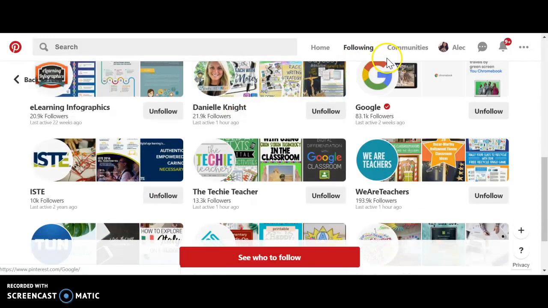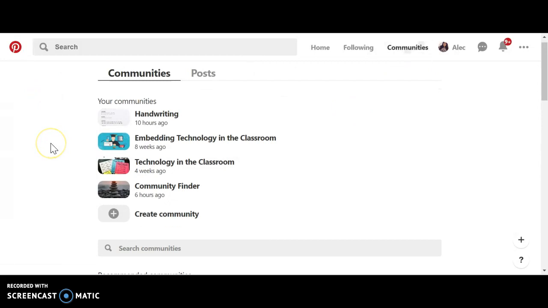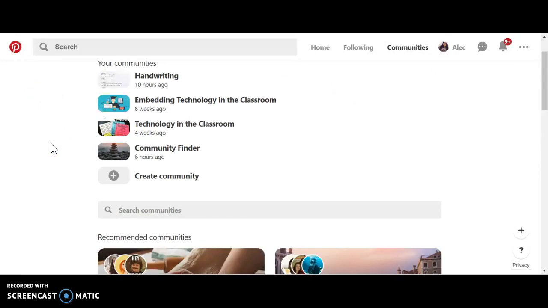What I really want to share is something that's new. I did some research on it because this feature is available to me in this account, but not my personal account, and that is communities. I did some research and found out that it is a beta feature. It's invite only, so I feel very privileged.